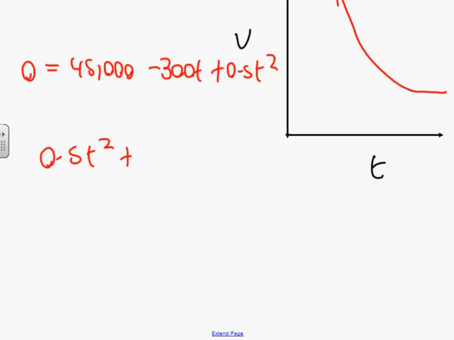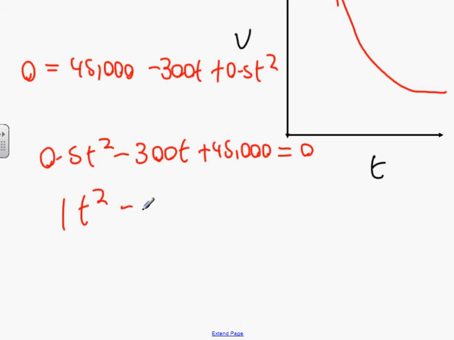We've never done a quadratic equation like this before. So instead of dividing by 2 like we usually do, this time we're actually going to multiply by 2. And let me explain why. So 1t squared minus 600t plus 90,000.